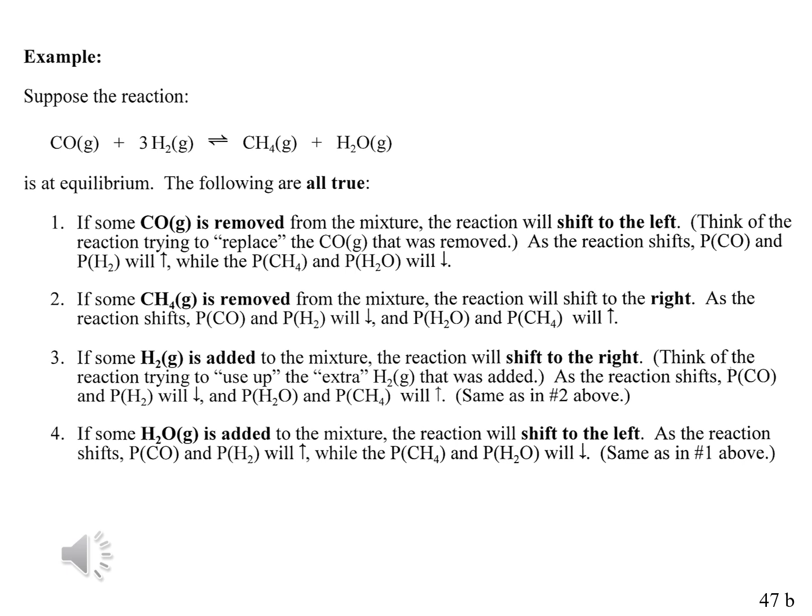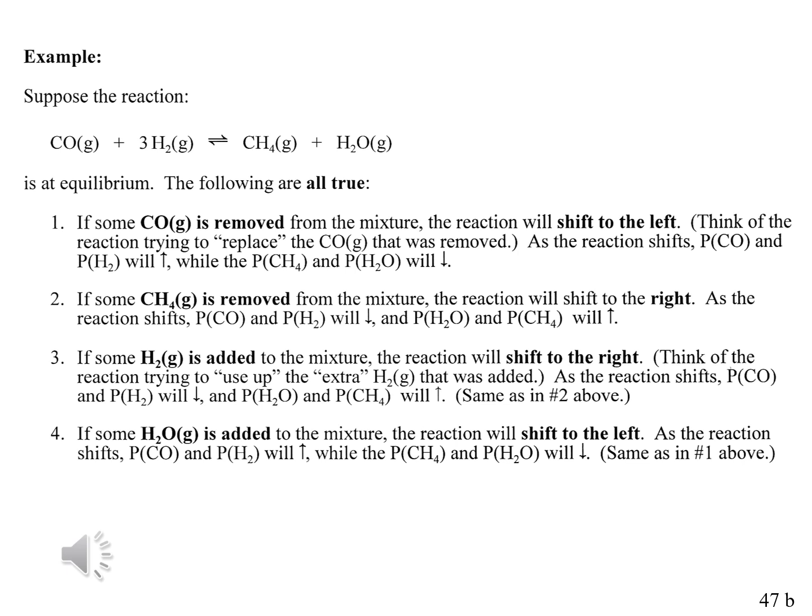The problems, when they're asked in words, look really complicated, but they're not really that bad. If you look at this equation at equilibrium that I wrote on this page, it says that in number 1, if some of the CO gas is removed, you will shift to the left because you have to replace what you removed.